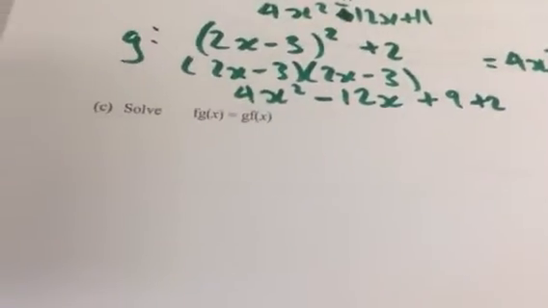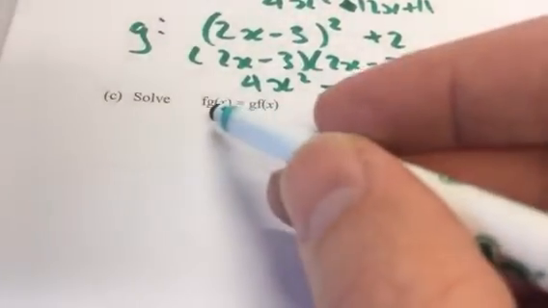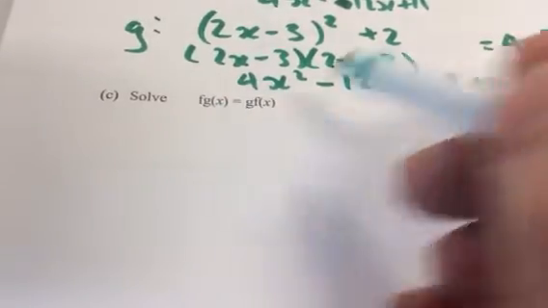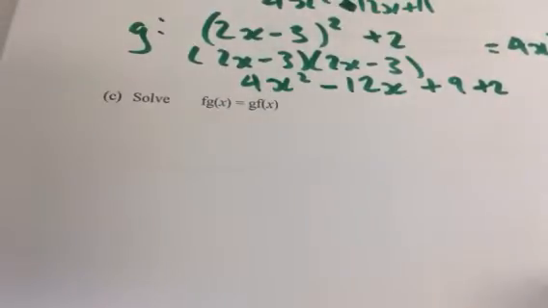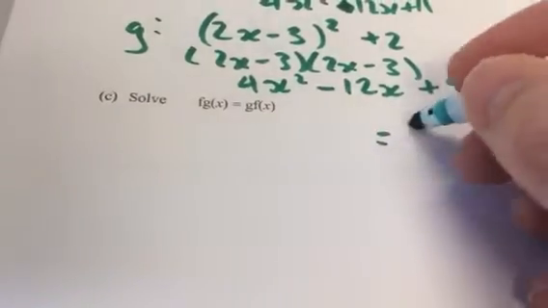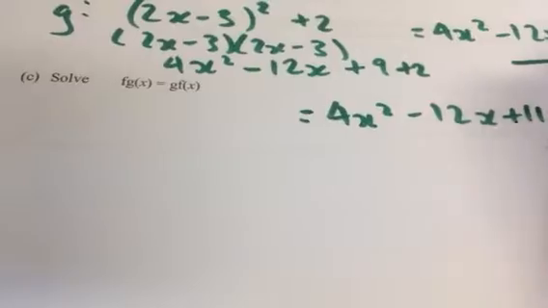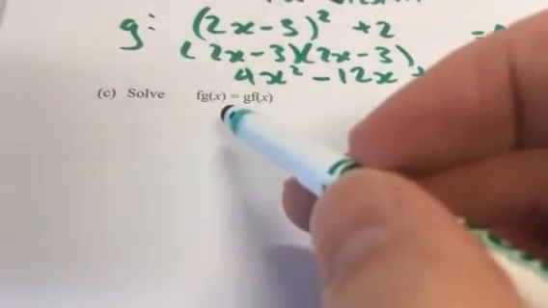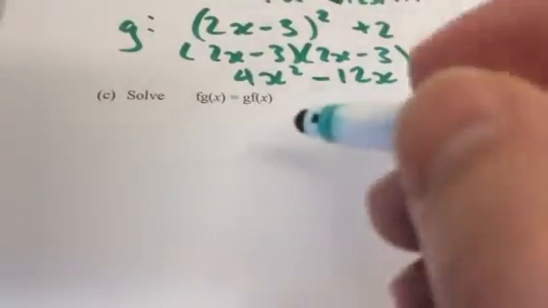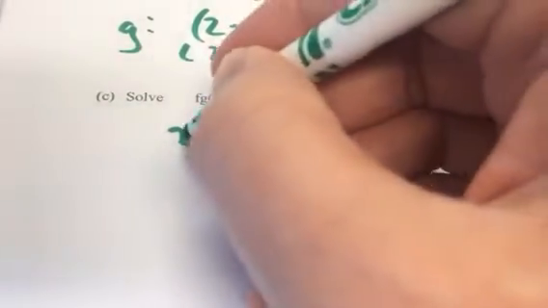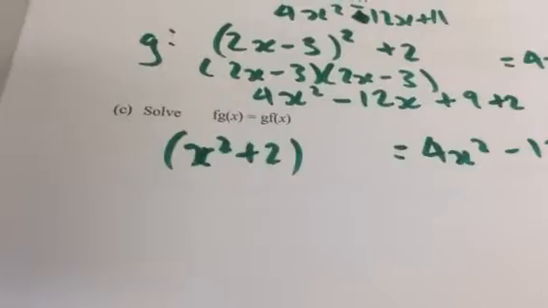Okay, and then lastly, I've asked us to solve f of g of x equal to g of f of x. Now we've got g of f of x, we've got 4x squared minus 12x plus 11. Now I've got to find f of g of x. Now g of x was x squared plus 2, and we're putting that into wherever we had f.